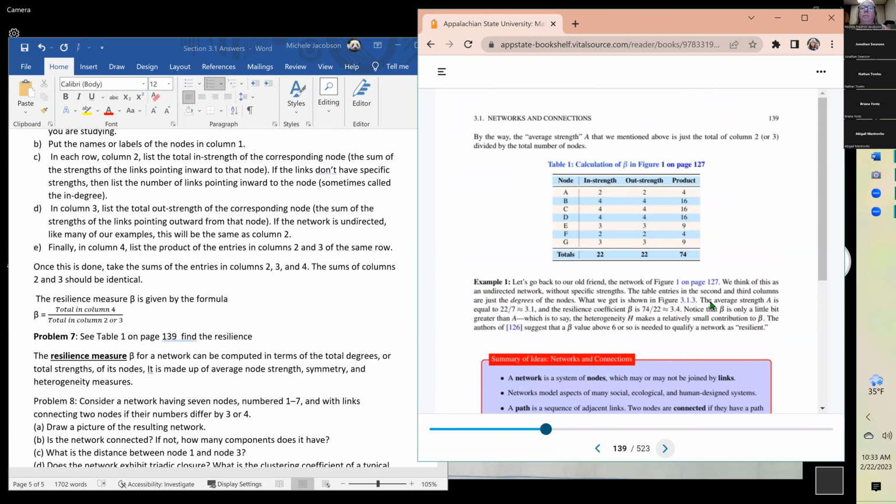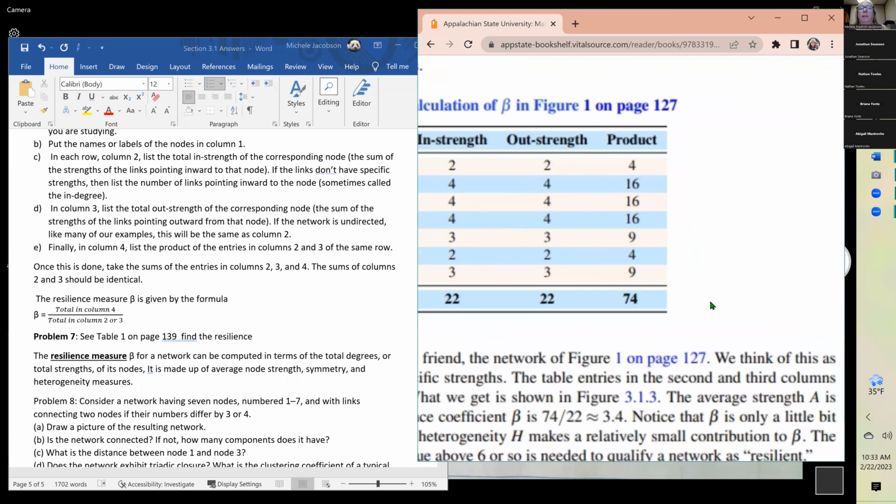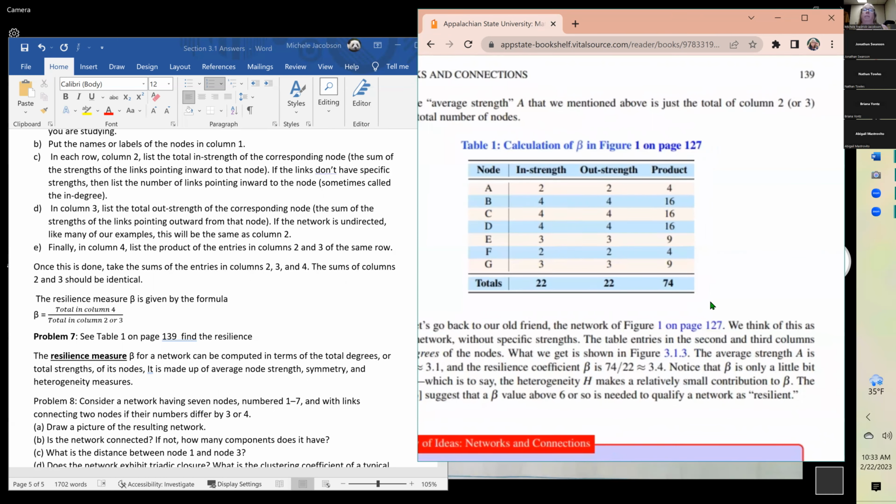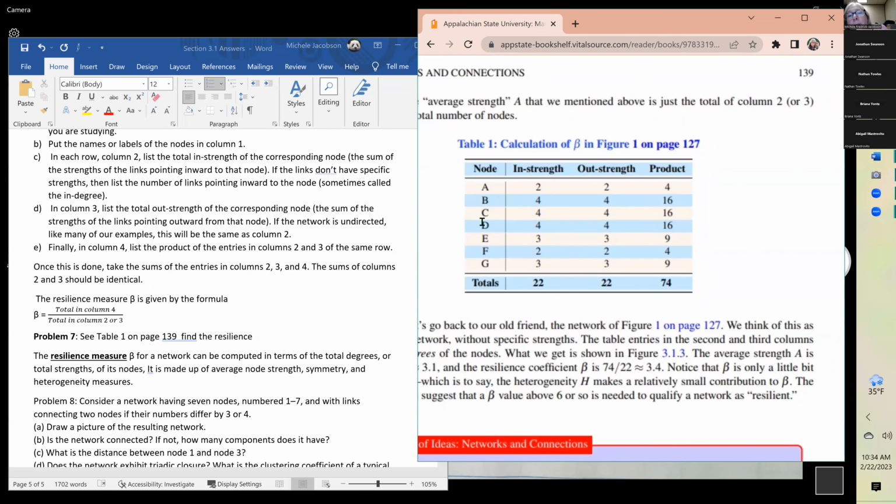This table. Notice they've already set it up. So it gave us the nodes. It gave us the in strength and the out strength. And notice 22 and 22, these match. And then multiplying across, 2 times 2 is 4. 4 times 4 is 16. 3 times 3 is 9. You add these up, 74 and 22.